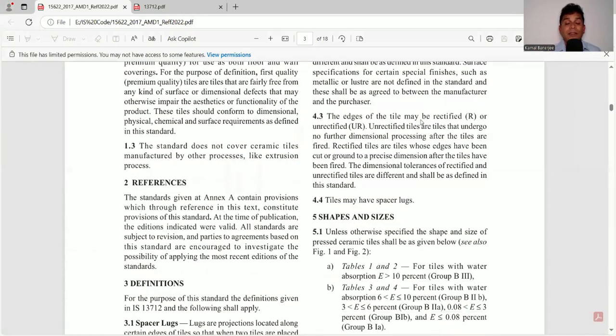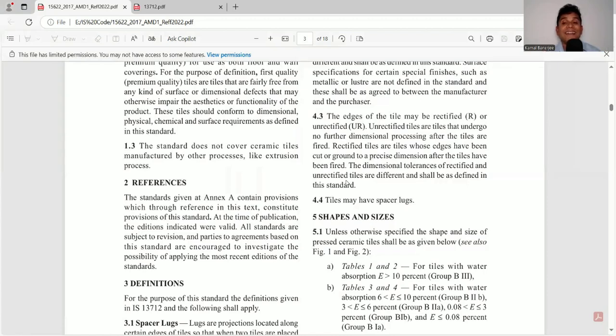Why? Because in the code itself, in the table that we come to later, this term is there. The edges of the tile may be rectified or unrectified. Unrectified tiles undergo no further dimensional processing after the tiles are fired. So after tiles are fired or made, there is no further dimensional processing. But rectified tiles are tiles whose edges have been cut or ground to a precise dimension after the tiles have been fired.